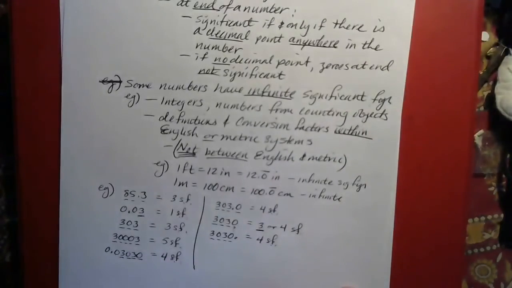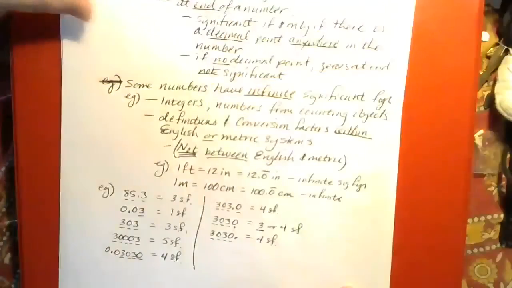Okay, so those are some examples. The reason that determining the number of significant figures in a number is important is because we will then often use those numbers in calculations, and we want to know how many significant figures we should be including in the answer to the calculation.